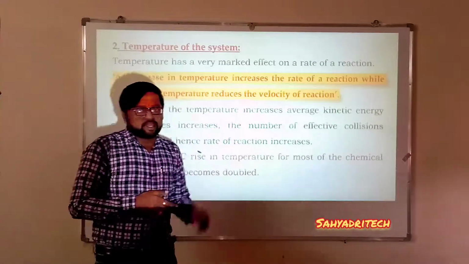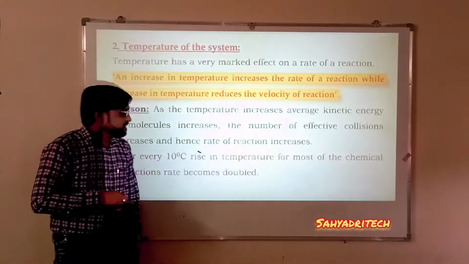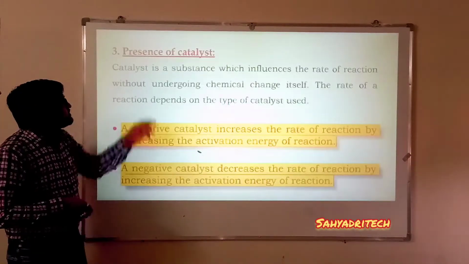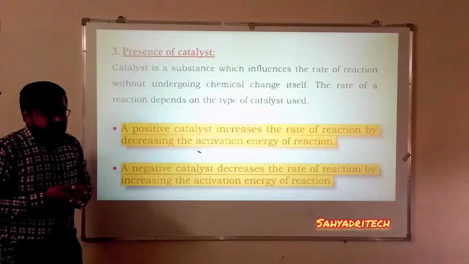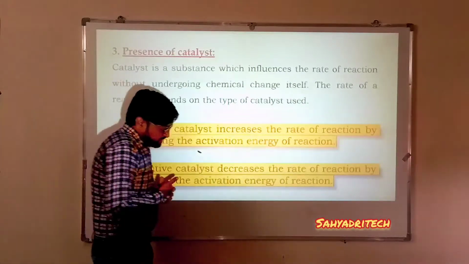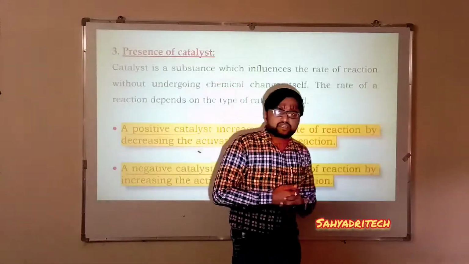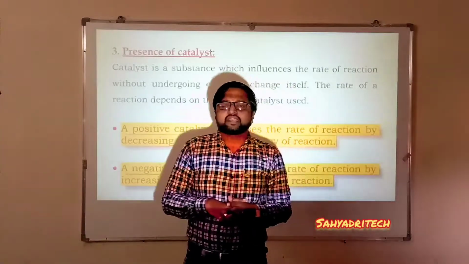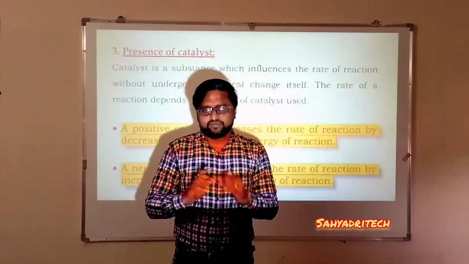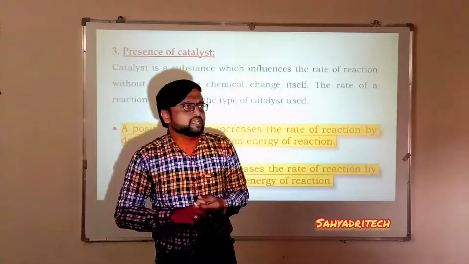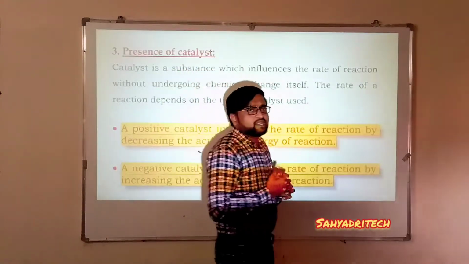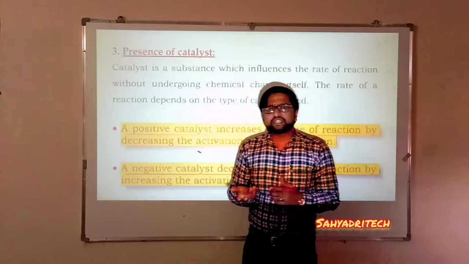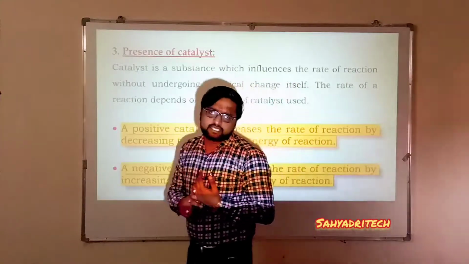That is the second factor. Well, coming to the third one, what we said, presence of a catalyst. Well, we know the definition of a catalyst. These are the substances which alter the rate of a chemical reaction. We have two kinds of catalyst here: positive catalyst and negative catalyst.